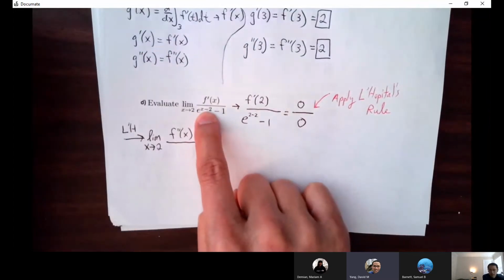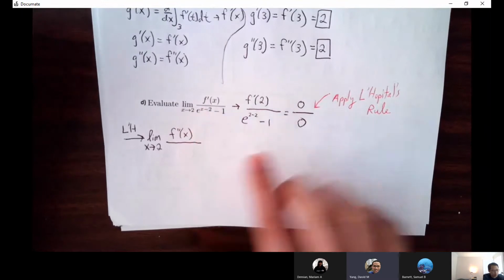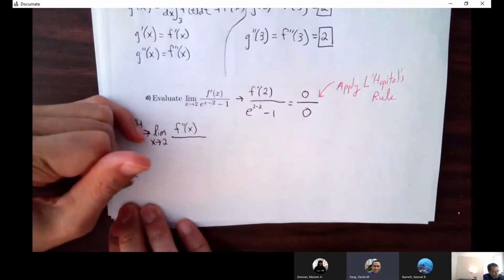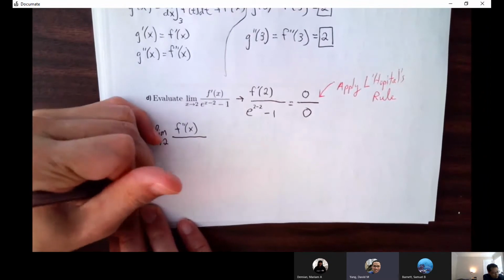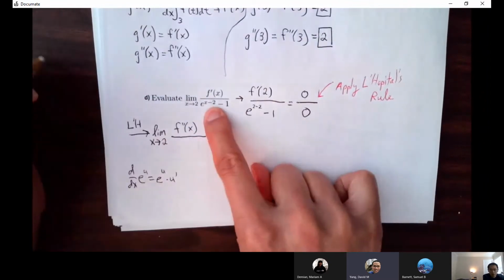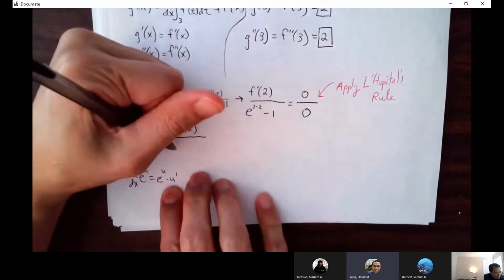The derivative for e to the x minus 2 is just e to the x minus 2 times 1. As you recall, the derivative for e to the u is just e to the u times u prime. So therefore, it's going to be e to the x minus 2 times 1.